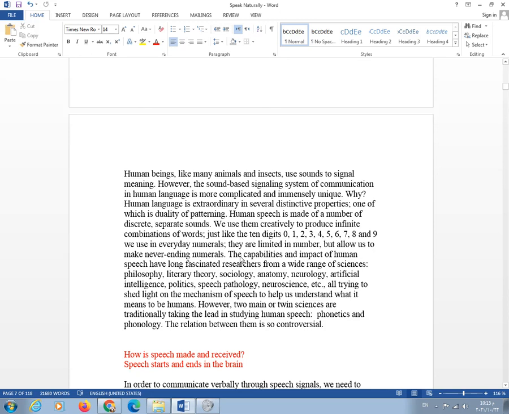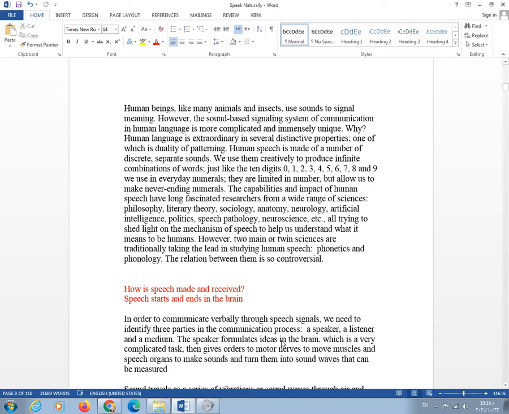In the same way, every language uses a limited number of sounds, which are roughly called letters, but these letters are capable of producing an endless number of words, and words are capable of producing an endless number of sentences. The human language is very creative and very productive in this way.